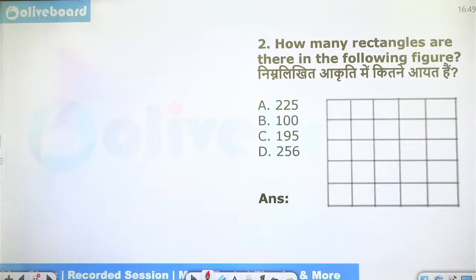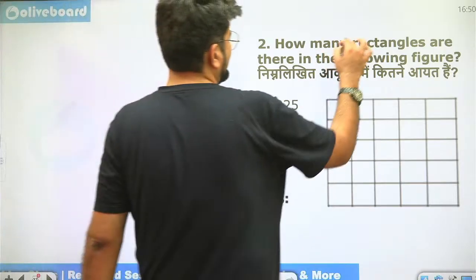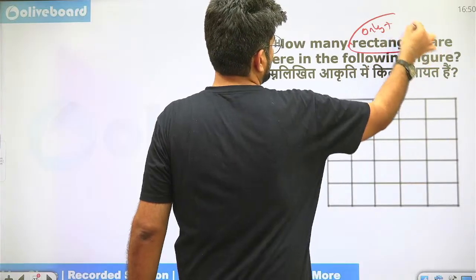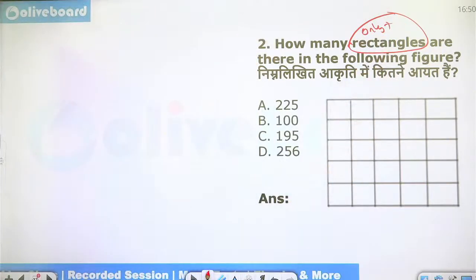Okay. Next, how many rectangles are there? Also, what you do is, apart from finding rectangles, also find only rectangles. So find normal rectangles also and only rectangles also.